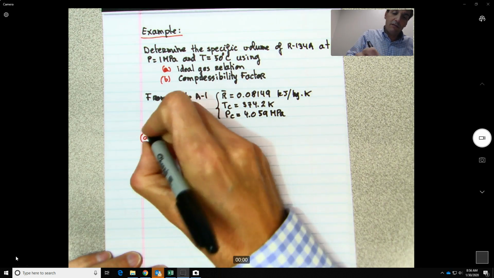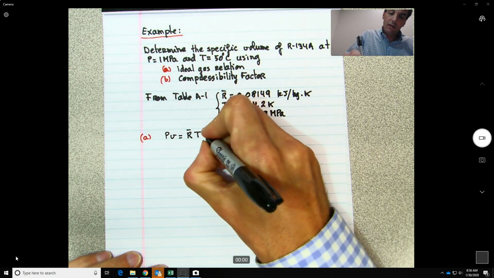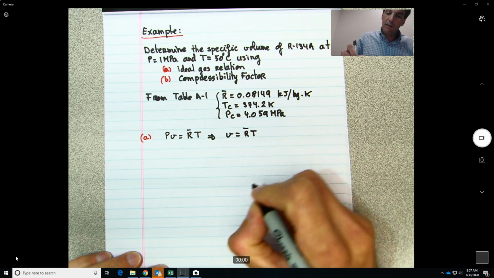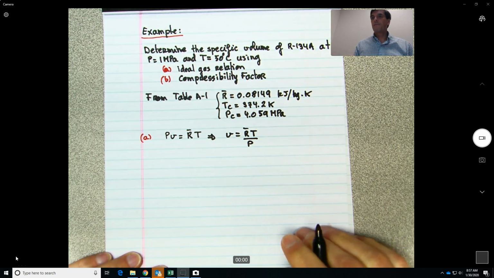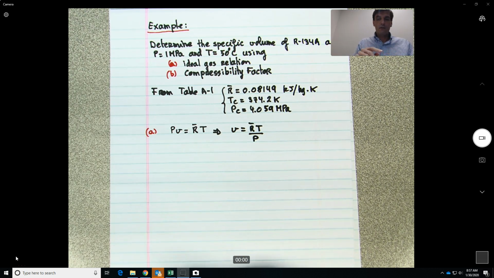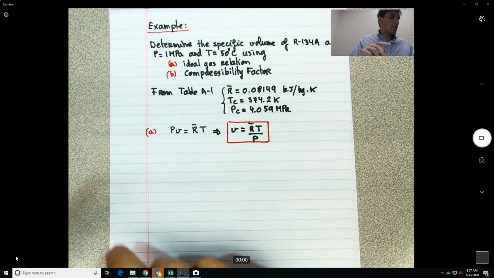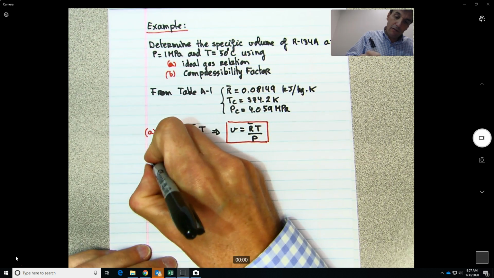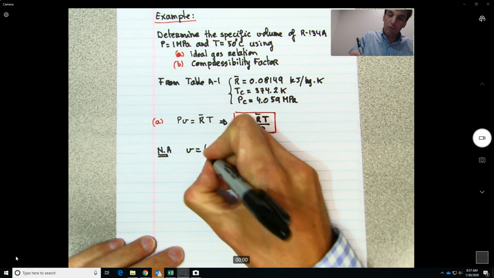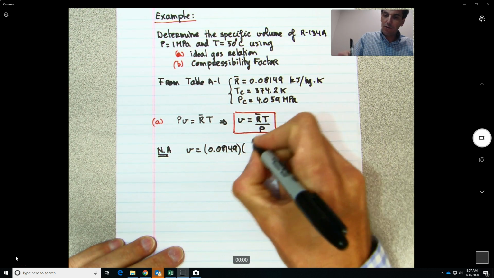Using the ideal gas relation, I use the form P times specific volume equals R T. This tells us that the specific volume is equal to R T divided by P. So if we do the numerical application, the specific volume using the ideal gas relation equals 0.08149 times the temperature in Kelvin.